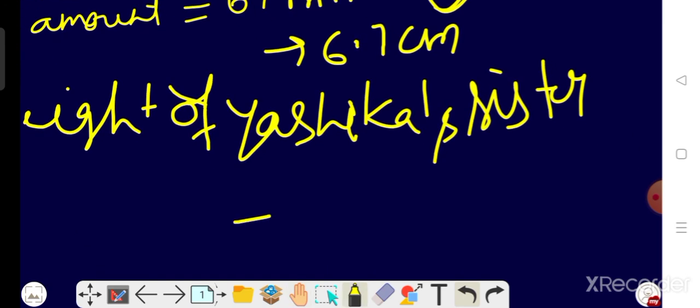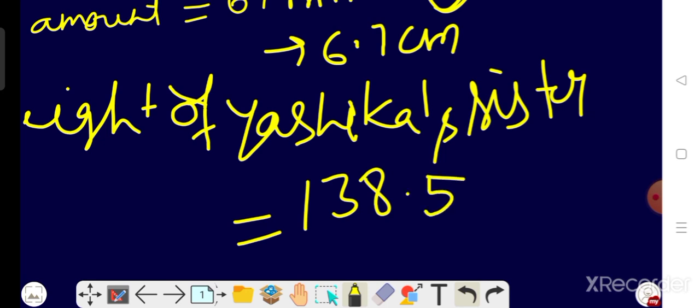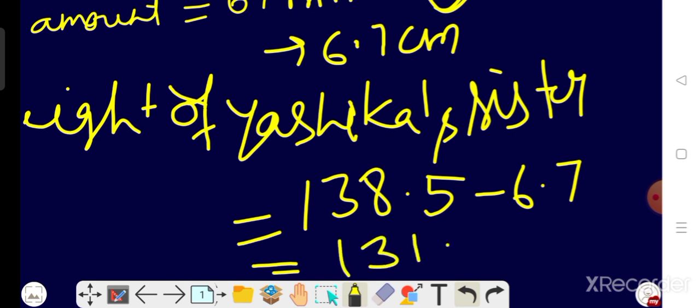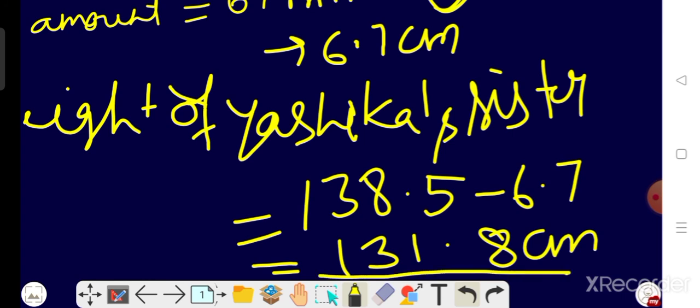So this is equal to 138.5 minus 6.7, and this is equal to 131.8 centimeter.